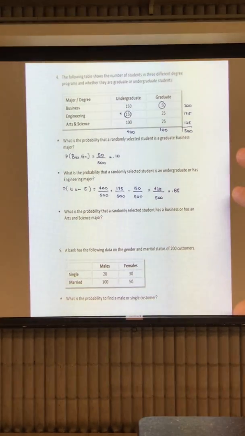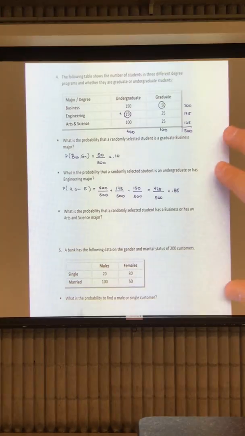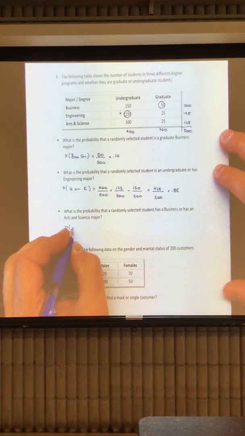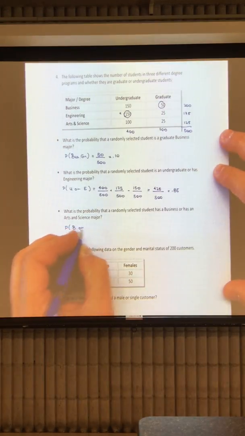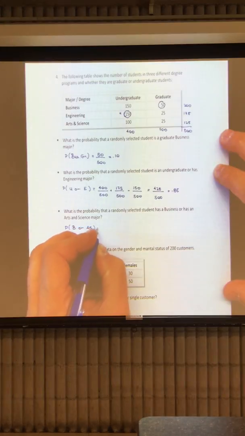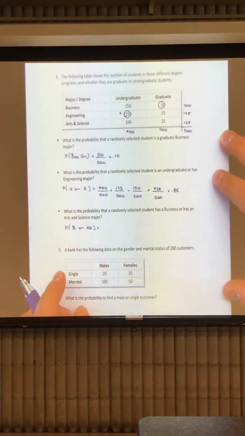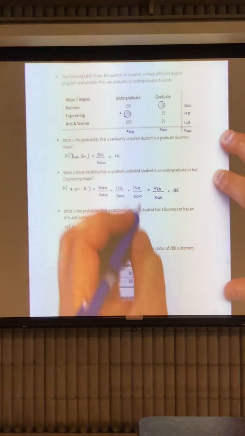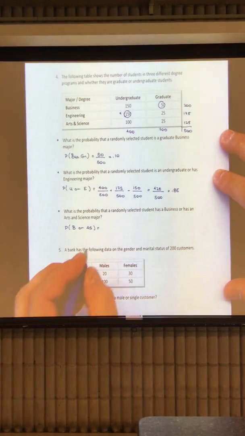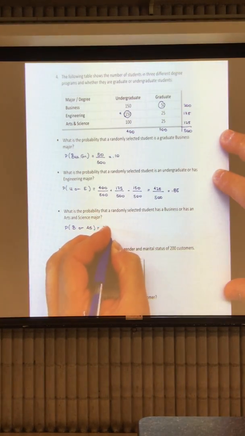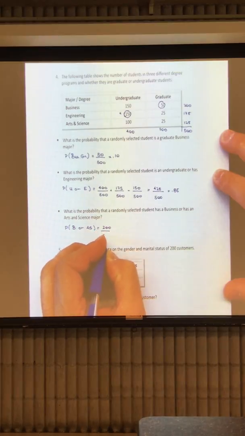Next one, what is the probability to have a business or arts and sciences? Business or arts and science. We don't have any point of intersection. We have to check how many business we have. We have 200 students majoring in business.